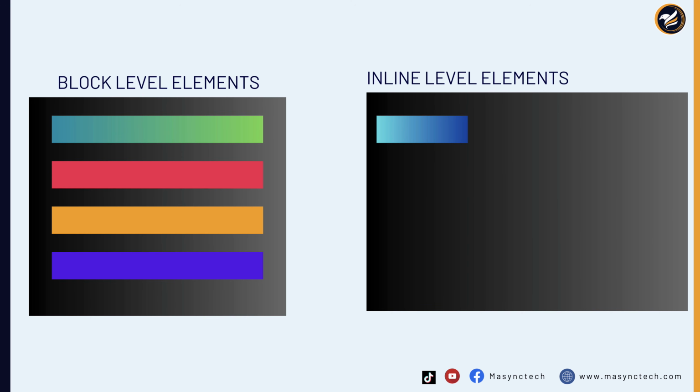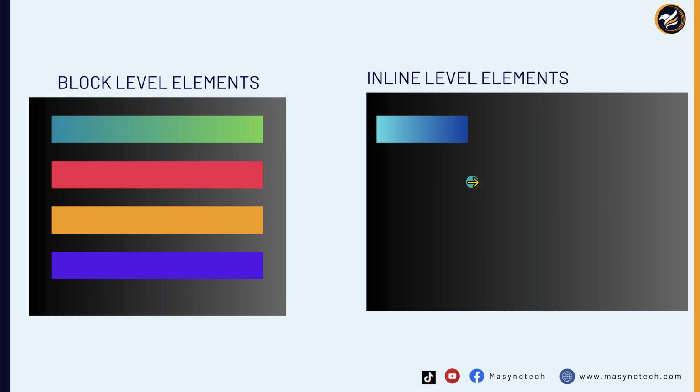One is that they do not start on a new line, they only take up as much width as necessary, and they cannot contain block level elements. But a block level element can take inline elements, and they also respect padding but not margin. Don't worry, I'll show you with some sample code.